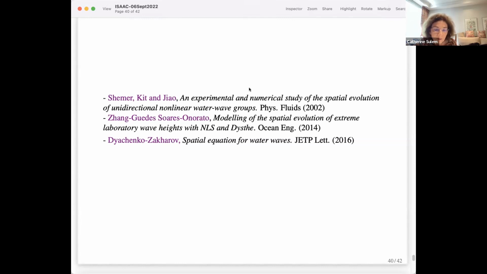I can send you, Pavel, the original paper where there are curves that show how these three calculations fit. Overall, the Dysthe, Hamiltonian and non-Hamiltonian, fit pretty well. Sometimes the Hamiltonian is a little bit better, but overall it's a good way to validate the two models. Each of them is relatively as good compared to the full Euler problem in 2D and in 3D.